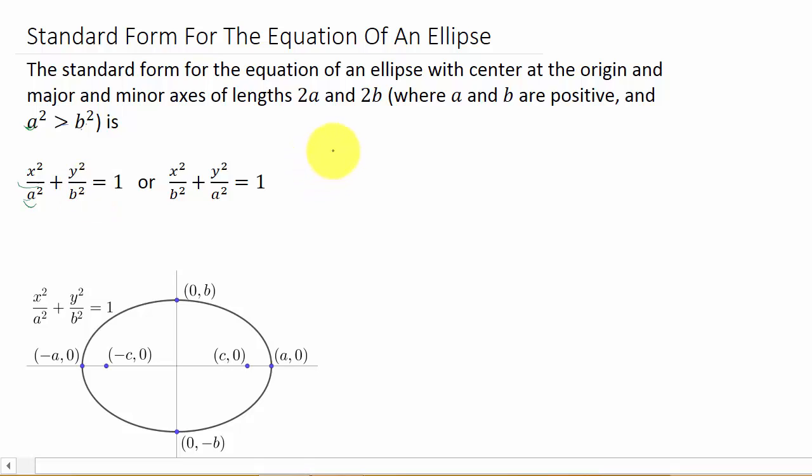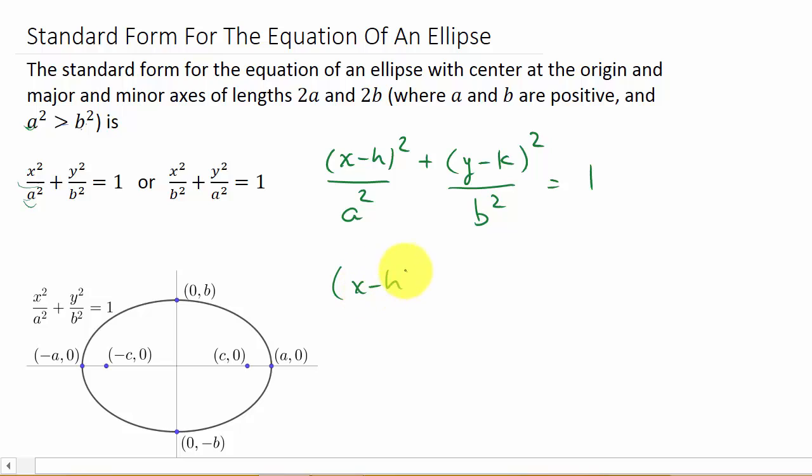It's going to be x minus h squared plus y minus k squared, and that's over a squared, and this is over b squared, and that equals 1. And also here you can have the same thing, x minus h squared plus y minus k squared equals 1, and this is over a squared, and this is over b squared.